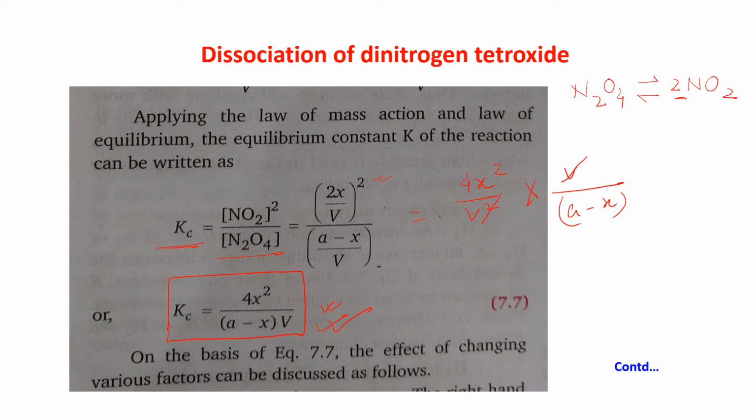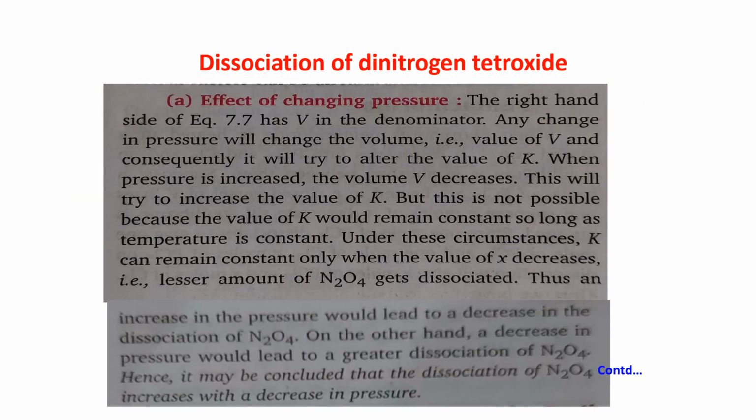Now, if I change the pressure, then what will happen? If I change the volume, then what? Now, see here, the effect of changing pressure, how it is affecting the Kc for that particular reaction. What was my reaction? Let me first write it. N2O4 is giving you 2 NO2.